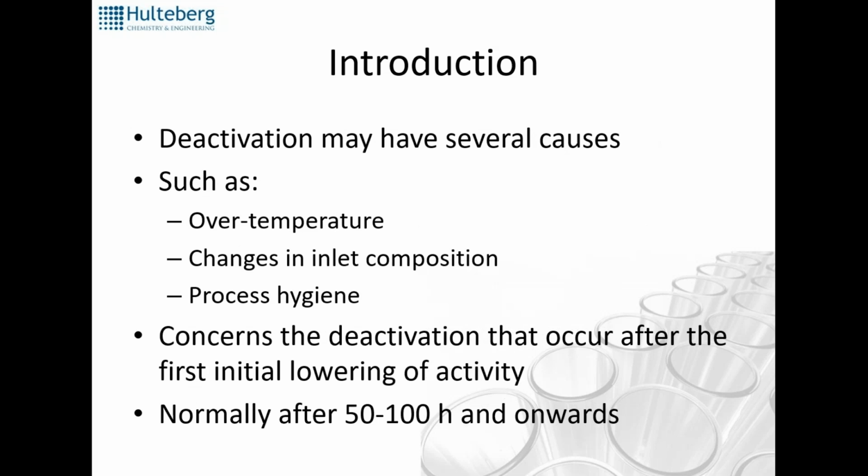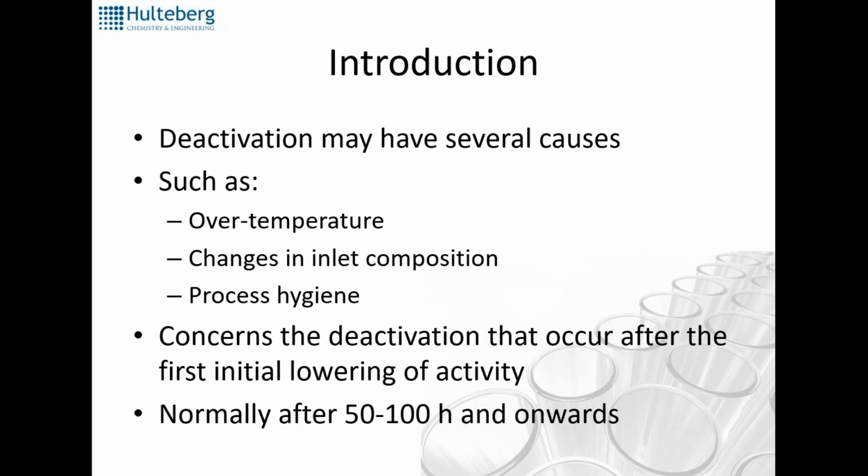One major cause of deactivation is over temperature excursions, when you allow higher temperature in your reactor than was intended. It can also be changes in inlet composition, not only changes that influence temperature, like too much oxygen in a combustion reaction.